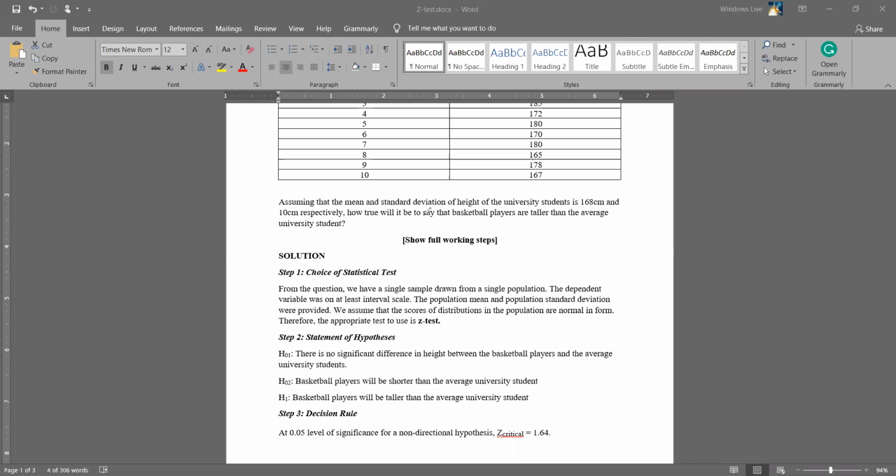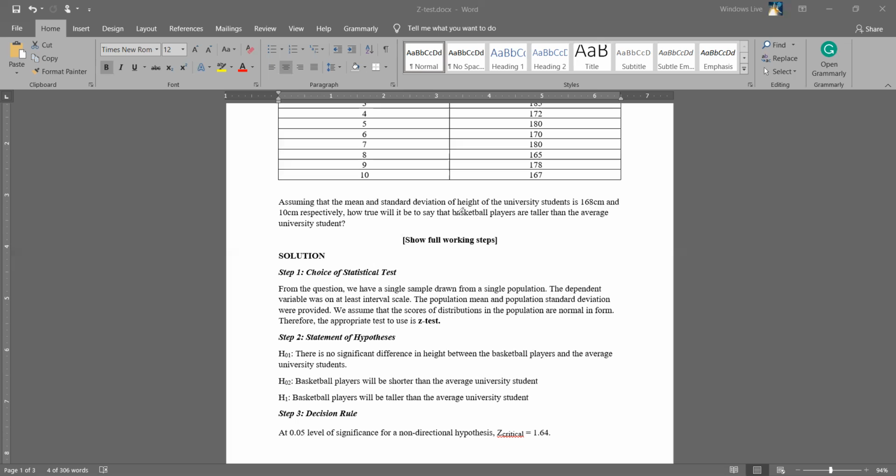And always the prediction you find in a question is for H1. It is always for the alternative hypothesis. So it means that within this question, they indicated how true would it be to say that basketball players are taller than the average university student? That's a typical prediction they've made.